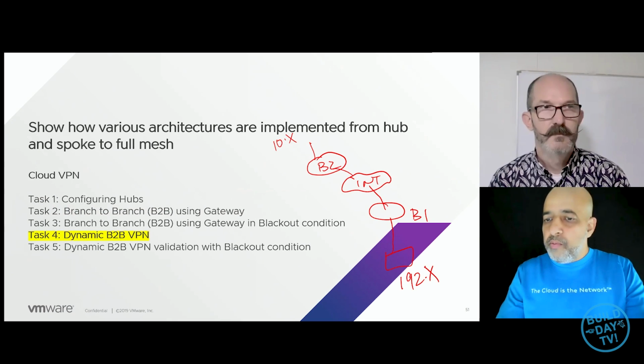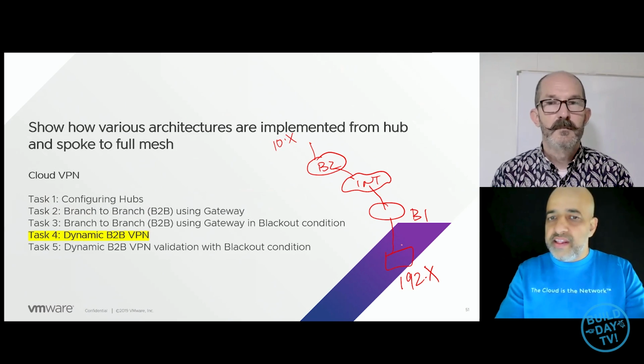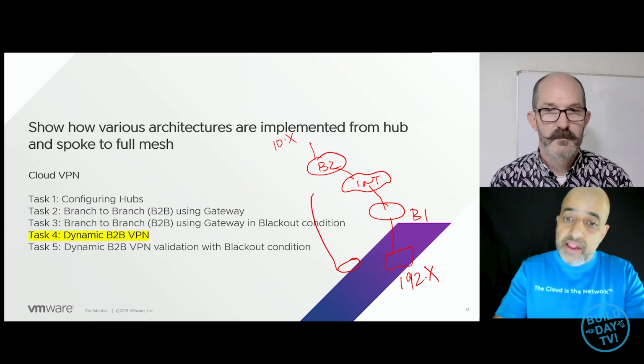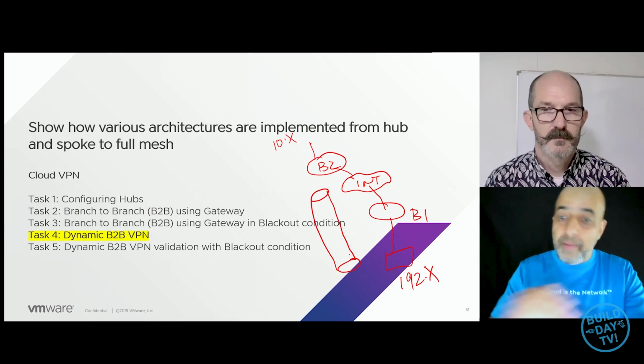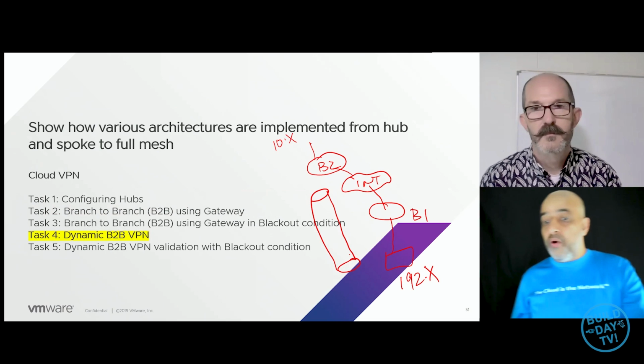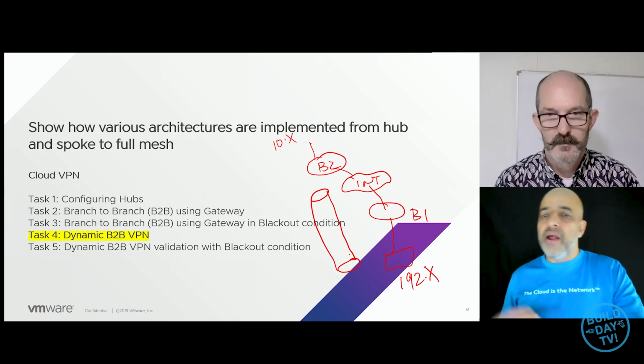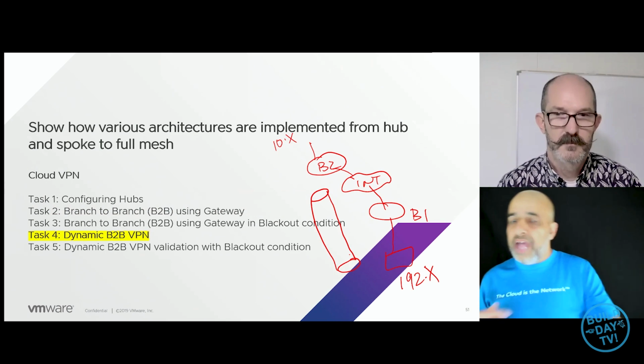The moment this edge device sees interesting traffic to branch 2 and dynamic branch to branch is enabled, that dynamic on-demand SD-WAN overlay tunnel will be built between branch 1 and branch 2, as opposed to branch using a gateway or a hub and spoke topology where there is a static SD-WAN overlay tunnel always on.